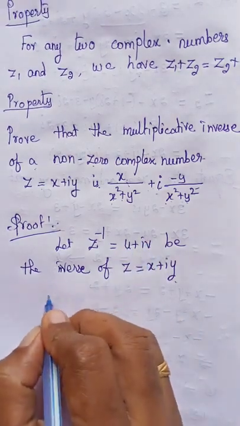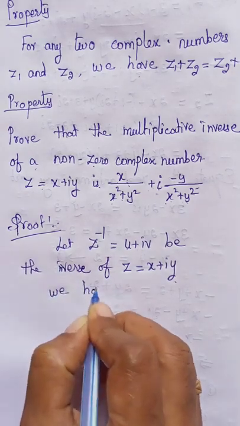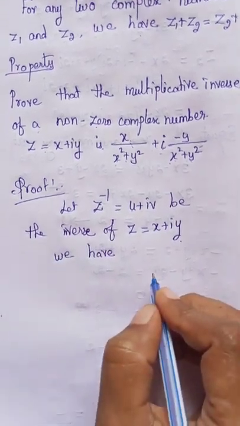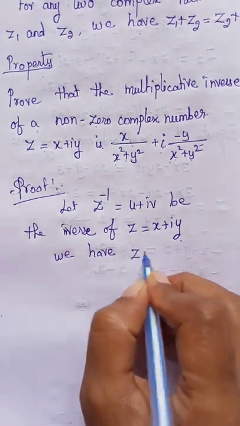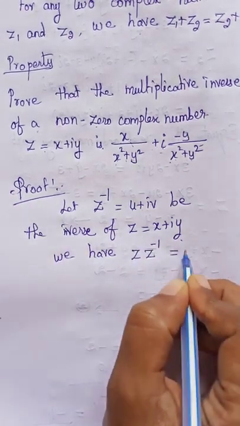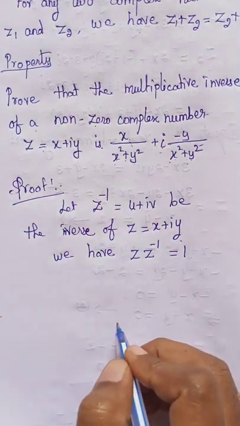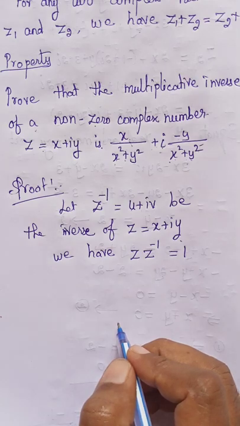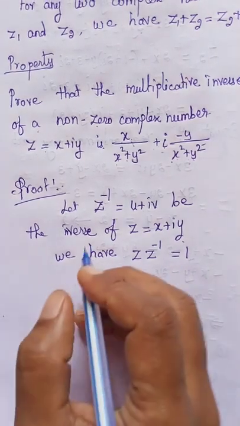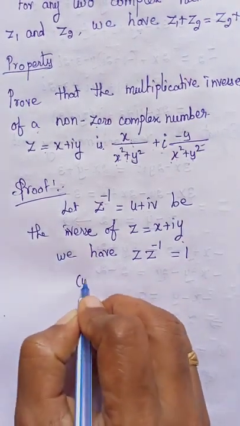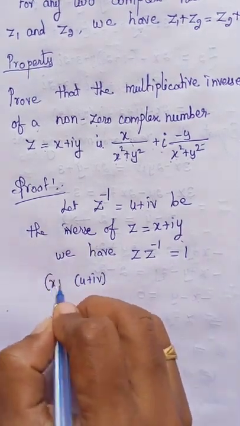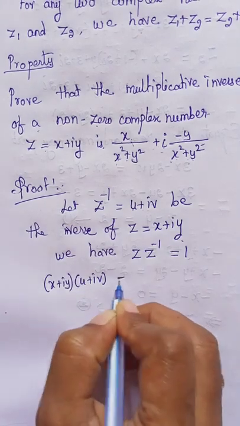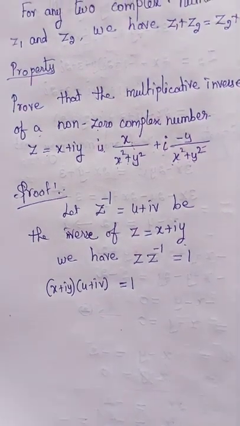See, in that inverse property, we learned that for the multiplicative inverse, we know that z into z inverse is equal to 1. That we knew. Now shall we multiply it? That is (x plus iy) into (u plus iv) is equal to 1.